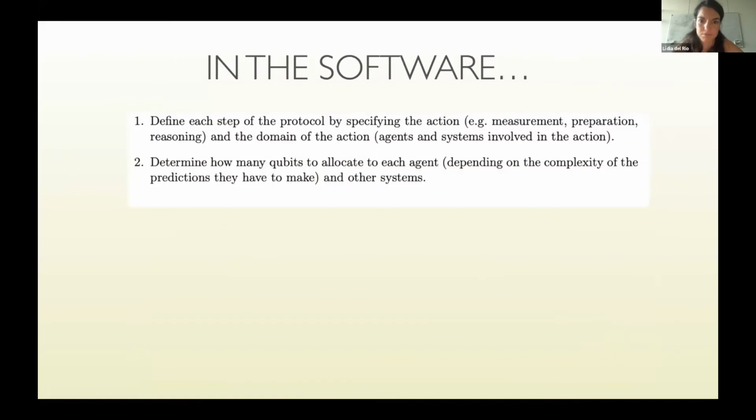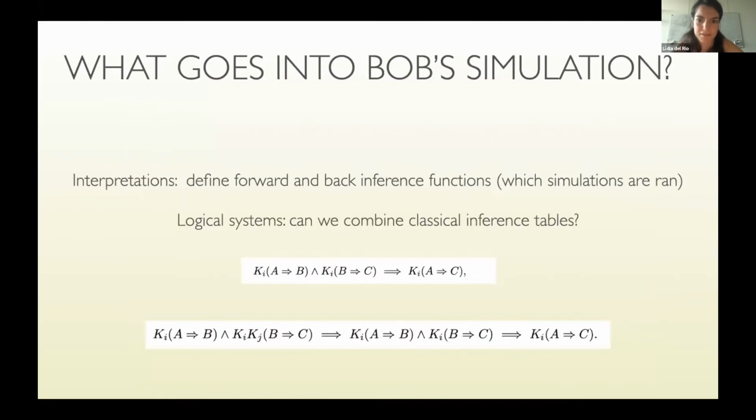So again, the ingredients that go in here: how we define a quantum interpretation is by how agents make the simulations, right? Do they simulate things as a unitary? Do they simulate it as a collapse, one or the other?